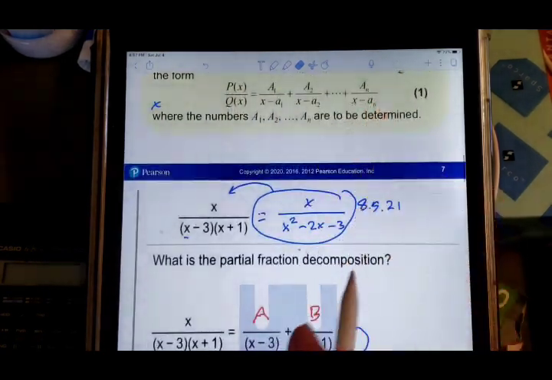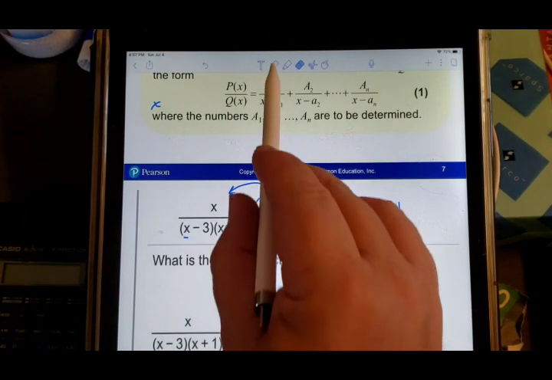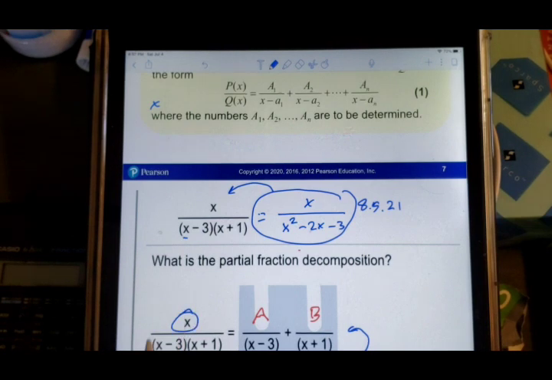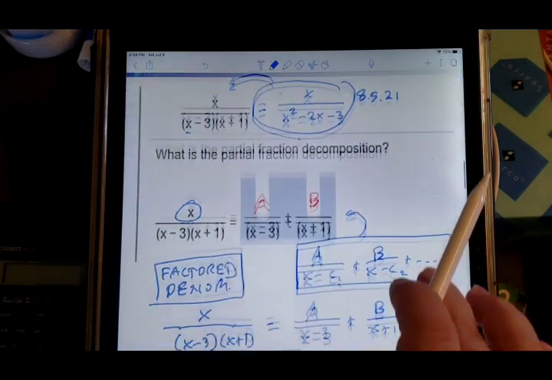So let's see it in practice, it's pretty straightforward. What am I doing to this x? Ignoring it. What am I doing with this x minus 3? I'm putting an A on top of it. And what am I doing with this x plus 1 after the plus sign? I'm putting a B on top of it. So that's, in a nutshell, what they're trying to say up here.